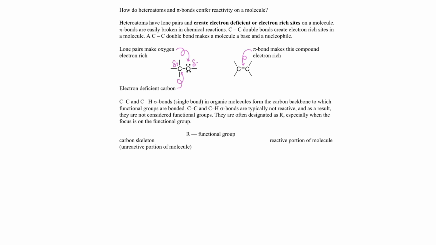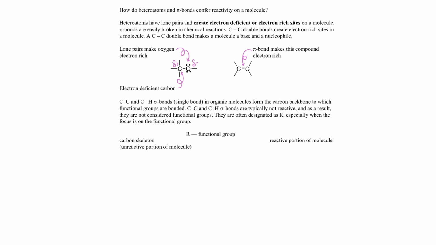When we're talking about functional groups, we usually leave out carbon-carbon and carbon-hydrogen sigma bonds, also known as single bonds. And that's because they're typically not reactive. They don't really do much. They kind of just sit there.